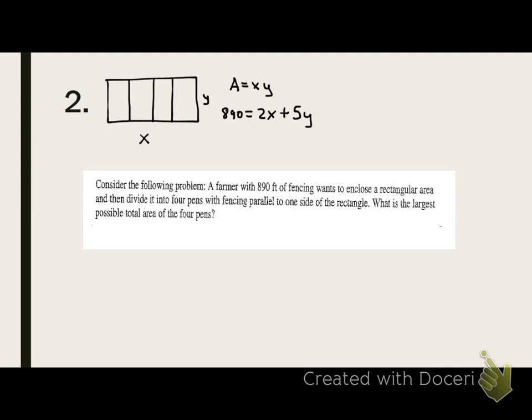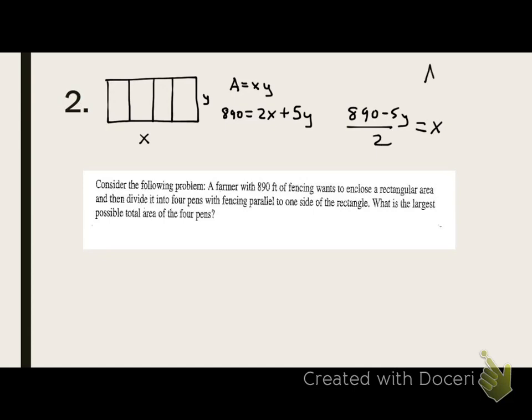Okay. Let's solve for x. So it would be what? 890 minus 5y divided by 2 is x. Is that correct? And now we're going to plug that into our area function.